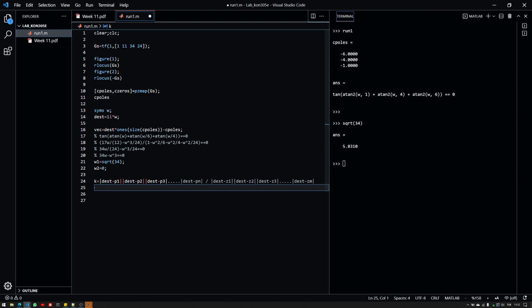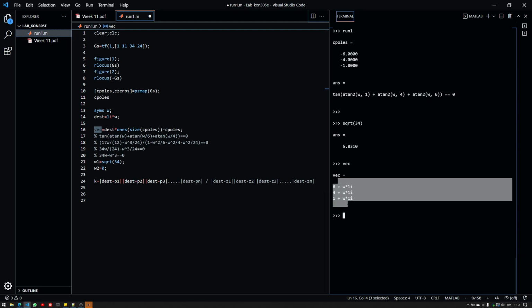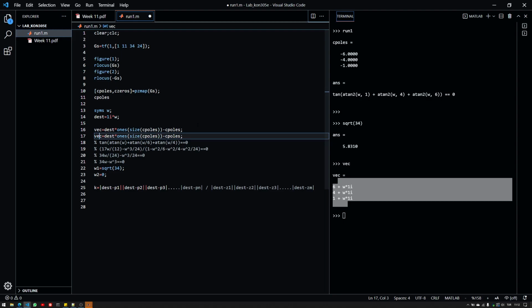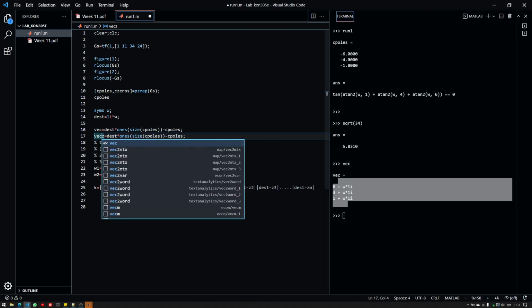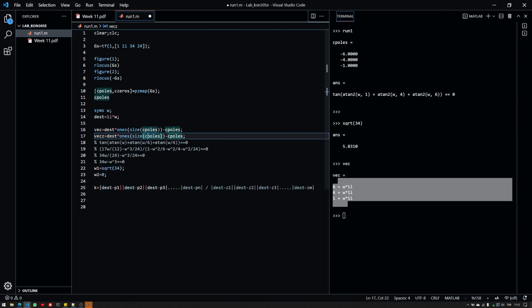So therefore, this is also not really that difficult, but since I have the destination point and I have the vectors here, what I'm really interested in is the absolute value of individual elements here, and then the multiplication, since I don't have any zero. If I would have had any zeros, I should have copied this into vec z, for example, and vec p, and then instead of using this, I should use zeros and zeros.